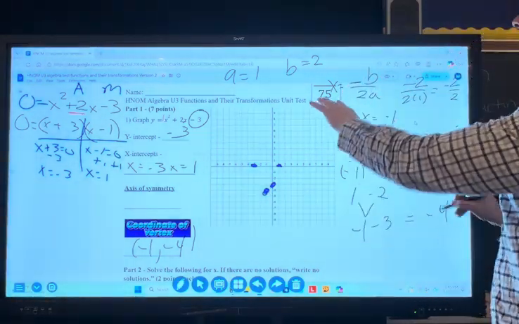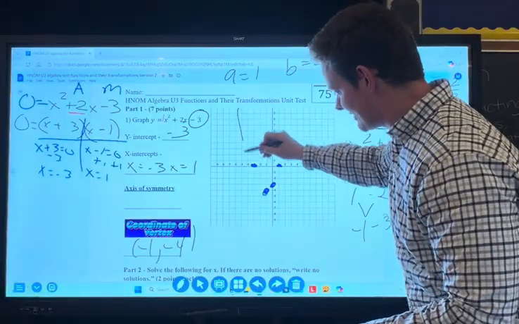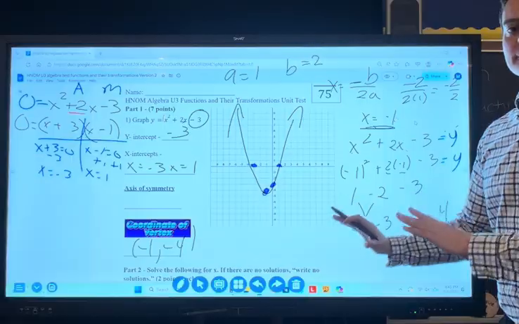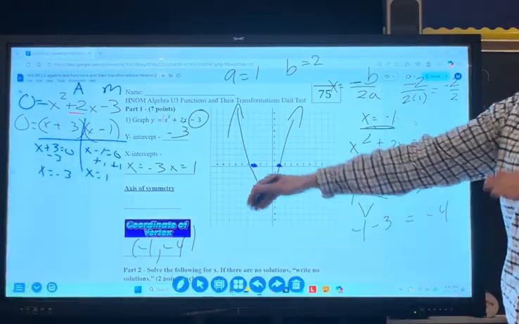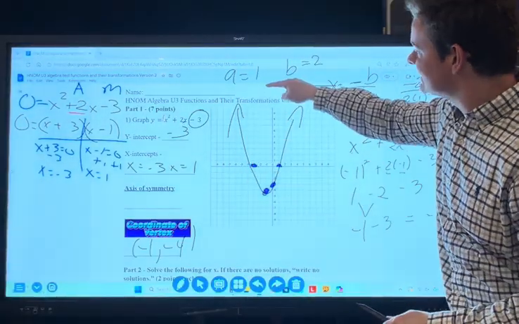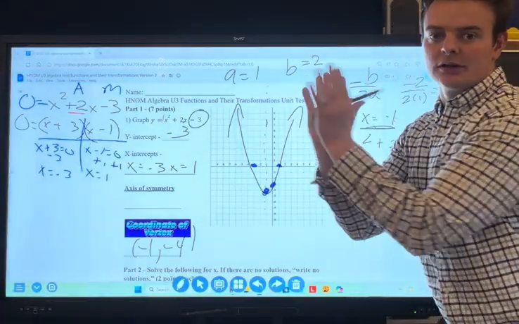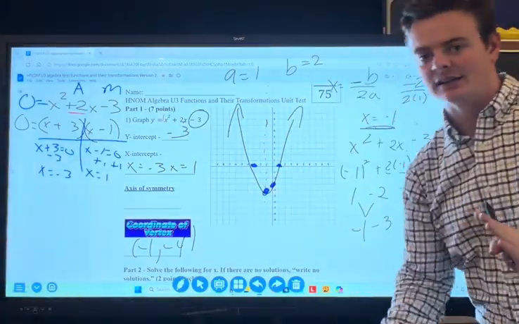Cool. I now have enough to draw my graph. I just connect my dots, I don't forget my arrows, and that's my full graph. The last thing is my axis of symmetry. It's this line that I draw down the middle of the parabola that splits it directly in half.